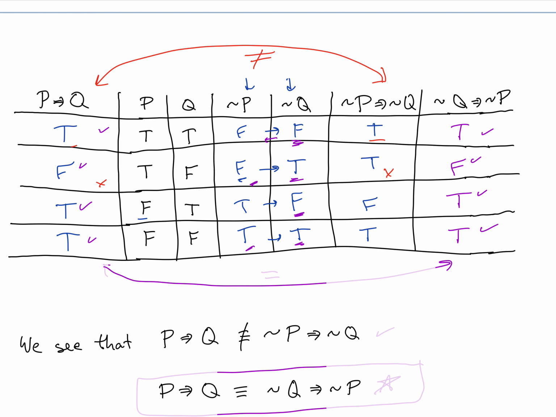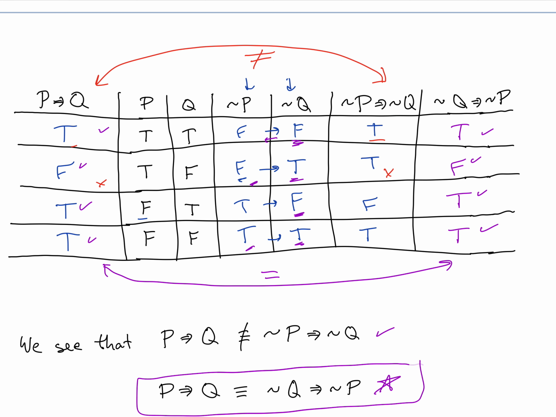All of those truth values match, and so that tells us that these two expressions are logically equivalent. And so as we've written above, P implies Q is not logically equivalent to not P implies not Q, but P implies Q is logically equivalent to not Q implies not P.